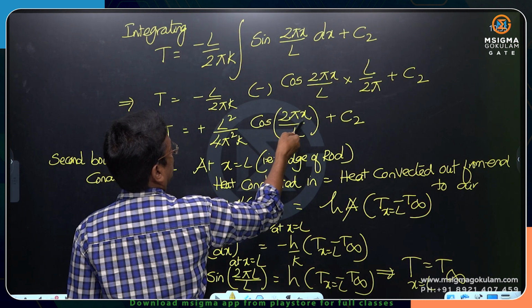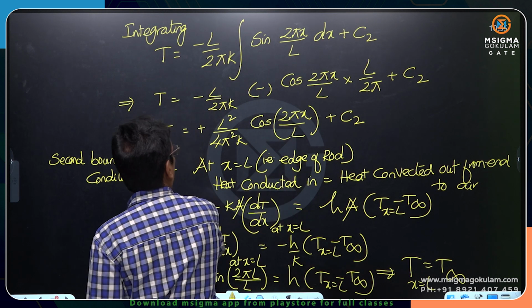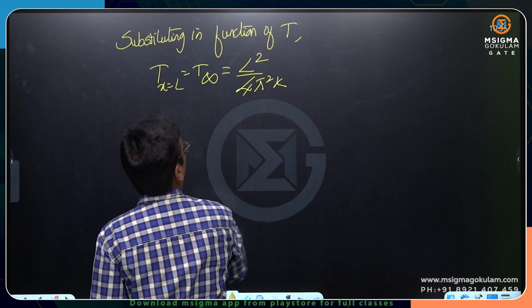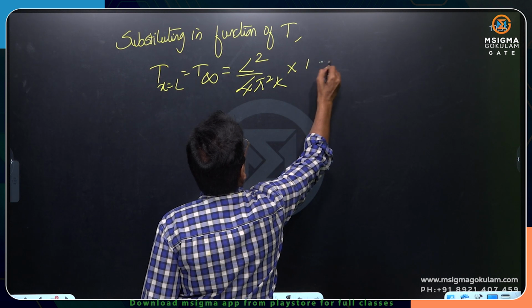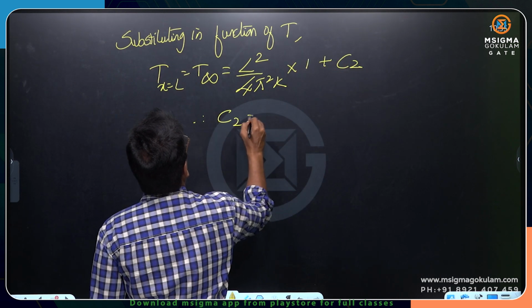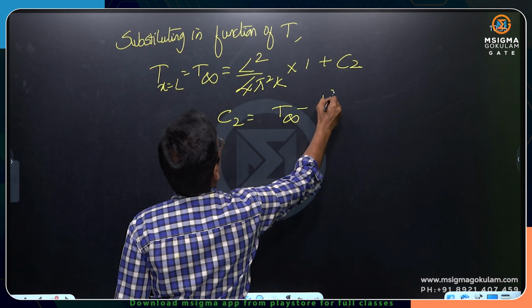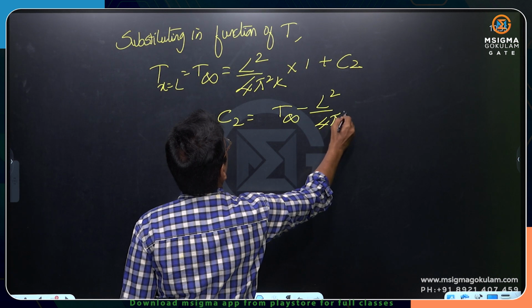If we put x equals L here, we have the temperature as a function of x. Cos 2 pi is cos 0, which is 1, plus C2. Therefore, C2 will become T infinity minus L square by 4 pi square k.